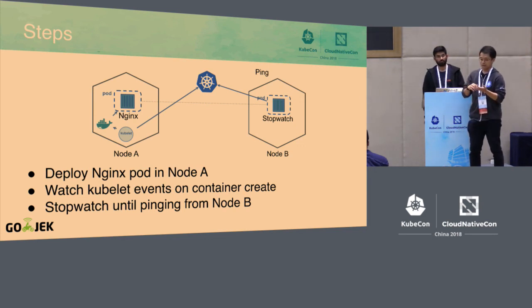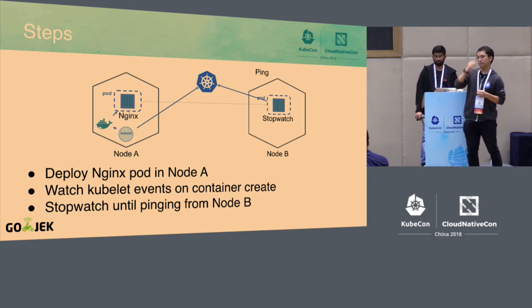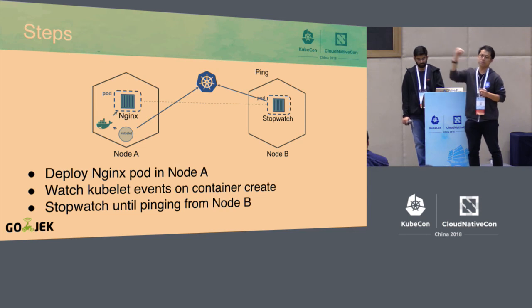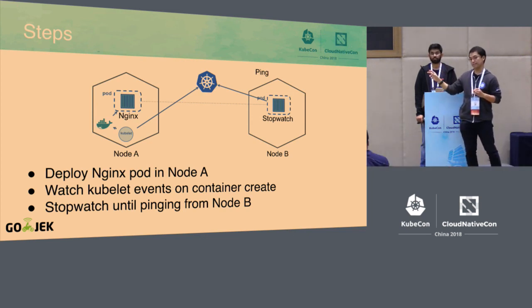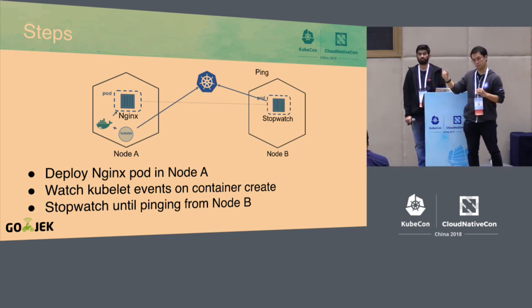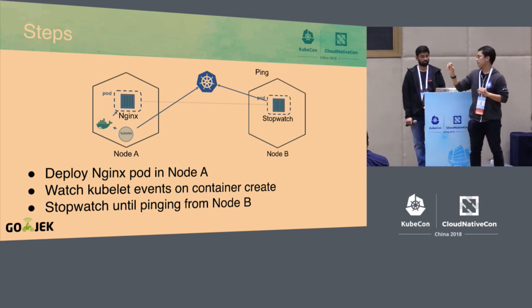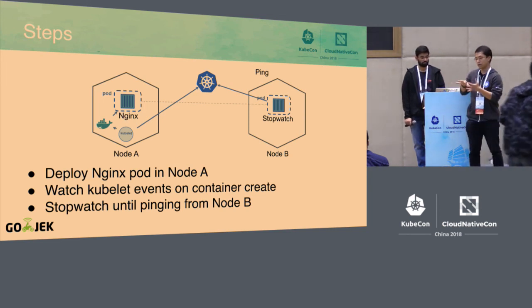Kubelet has its own states, one of them being container scheduled, and then the container image should be downloaded. Then when everything is ready, there's a state in kubelet that says container create. When kubelet reaches this container create state, we start the timer, and the Docker images already exist.